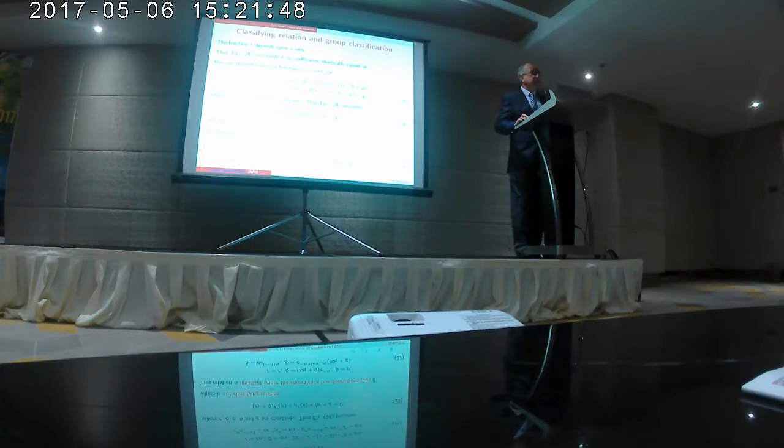So now we derive the classifying relations, and finally we do the group classification. So the function f depends upon y only. Thus equation 24 only holds if its coefficients identically vanish or they are proportional to a function of x.